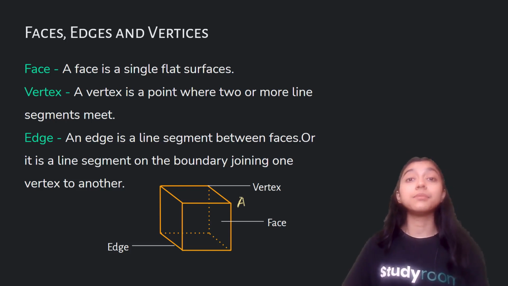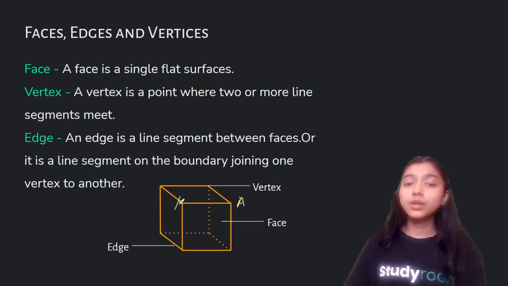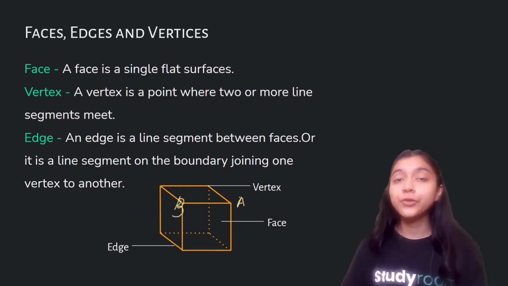So this line segment is known as an edge. Also, we can say that an edge is a line segment that is joining 2 vertices as well. Let us consider this vertex as A and this other vertex as B. So these 2 vertices are joined by a single line segment AB. So AB is also known as an edge of a cube.